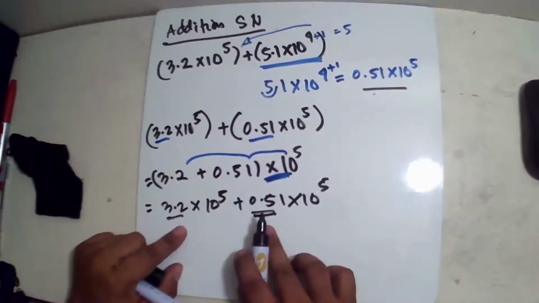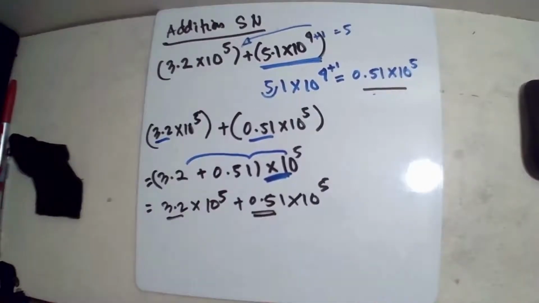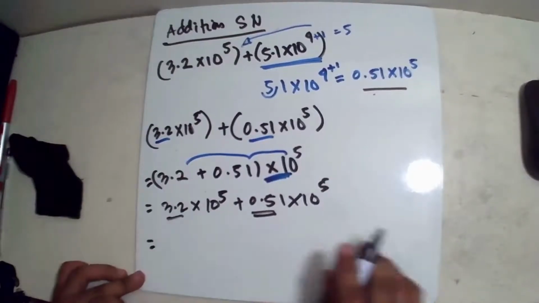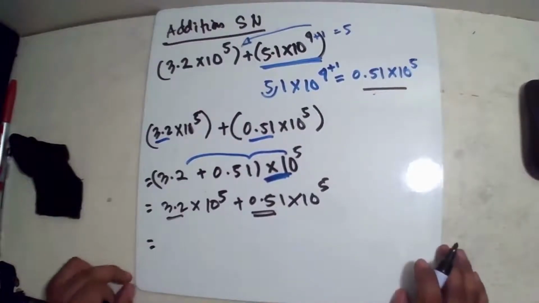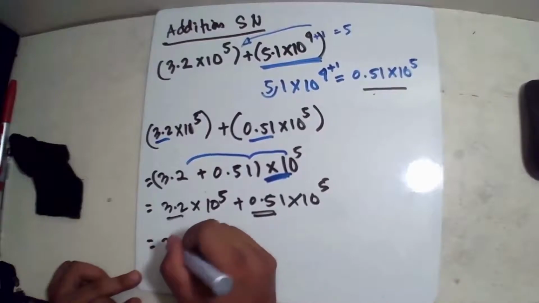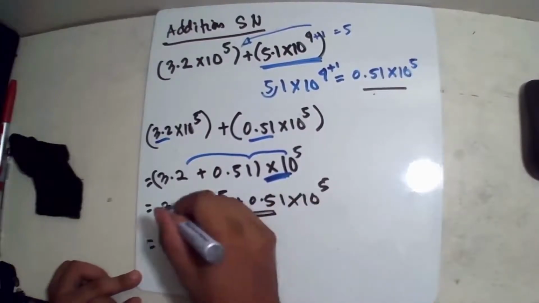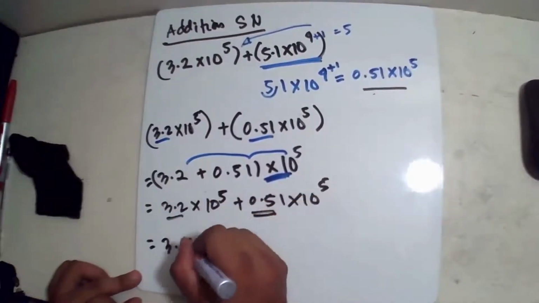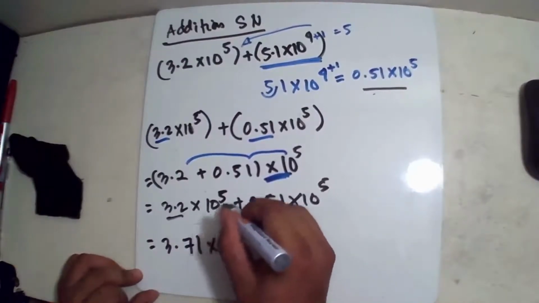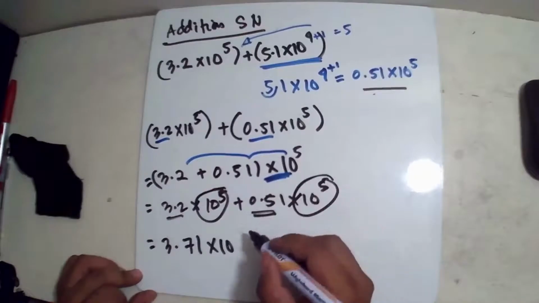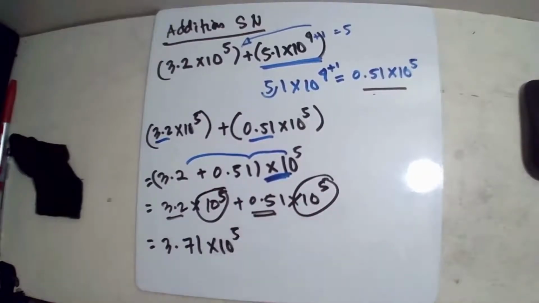3.2 plus 0.51, this will give you... try to use your calculator so that you can check our answer, because I don't have a scientific calculator here. If you have one, you can recheck this one. So the answer is 3.71, copy the exponent, times 10 raised to 5.